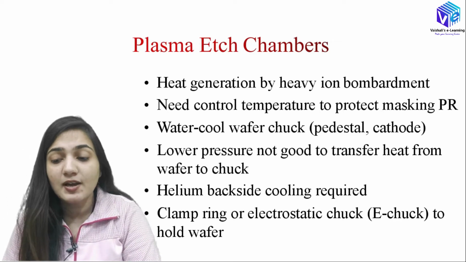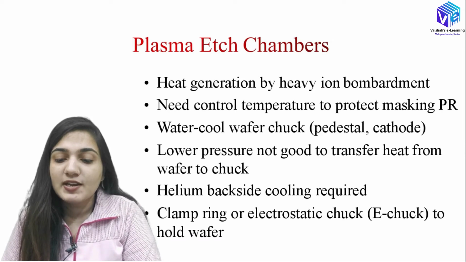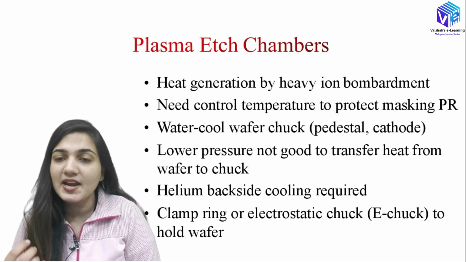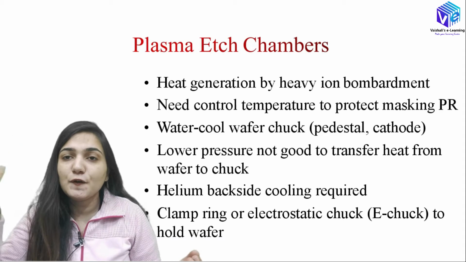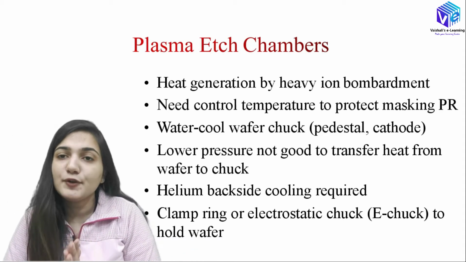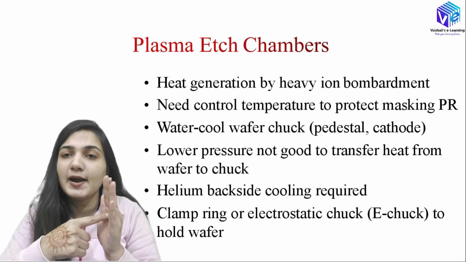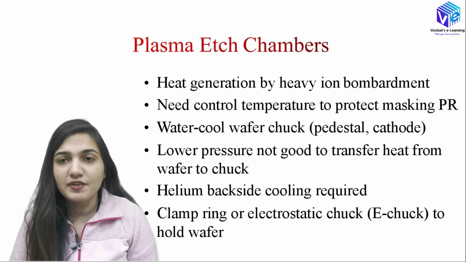Now coming to the next condition, the lower pressure is not good to transfer heat from the wafer to the chuck, and this is the reason at the downside we require higher pressure. At the upside, as I told you in the previous video, when we are doing the etching we require lower pressure so that I have the same ion bombardment direction, otherwise the ions will have different directions due to different pressure.